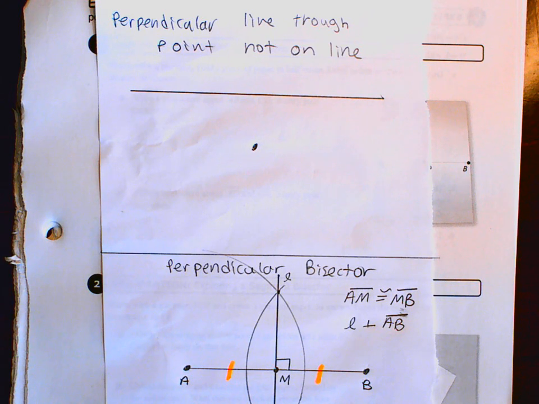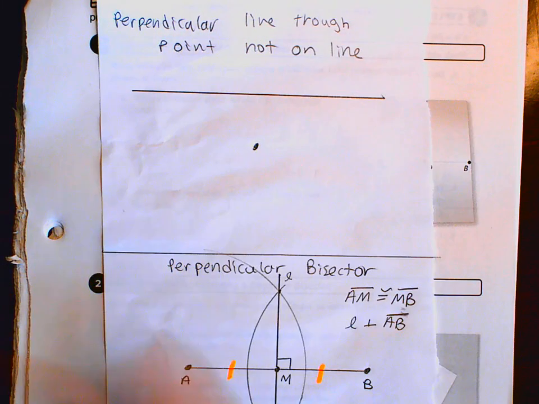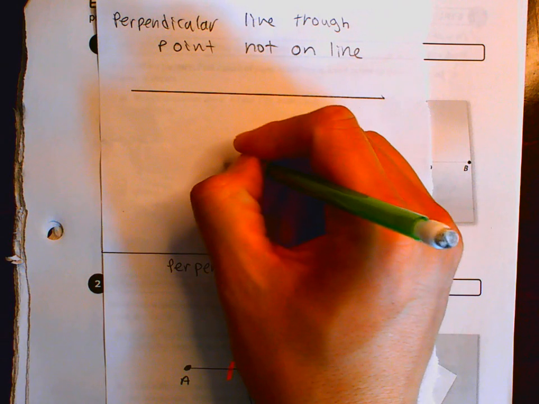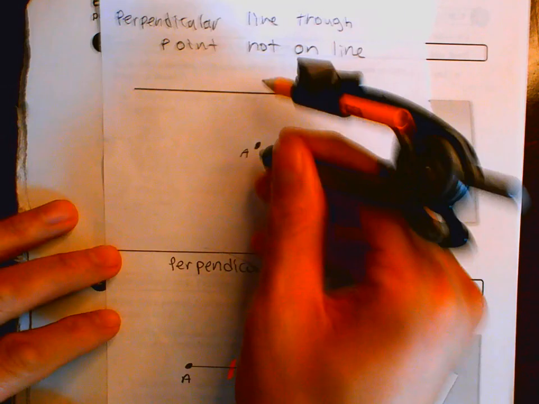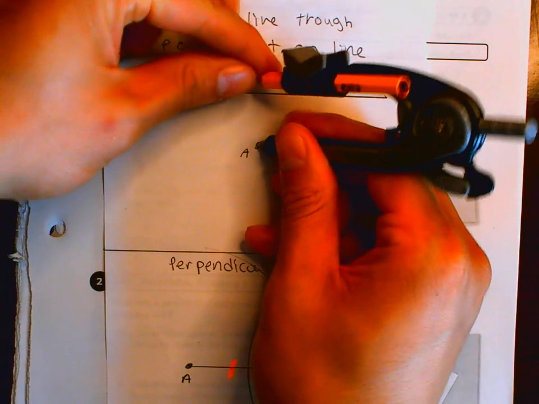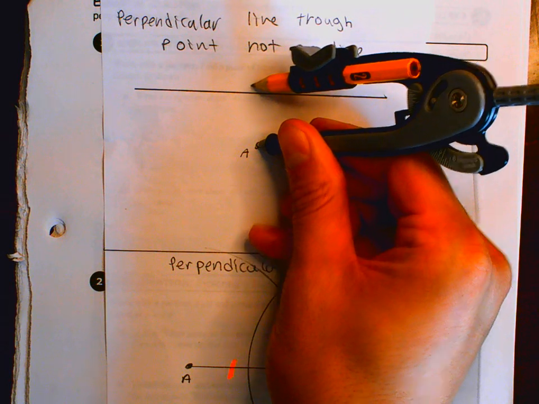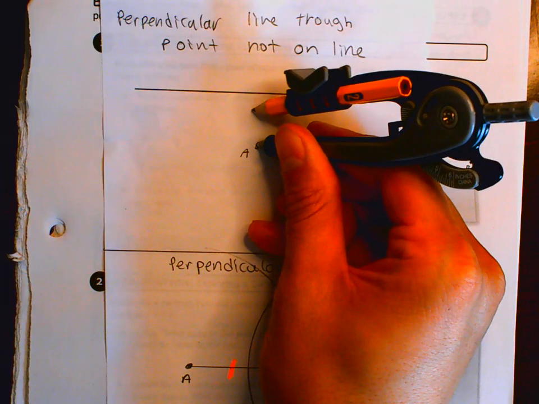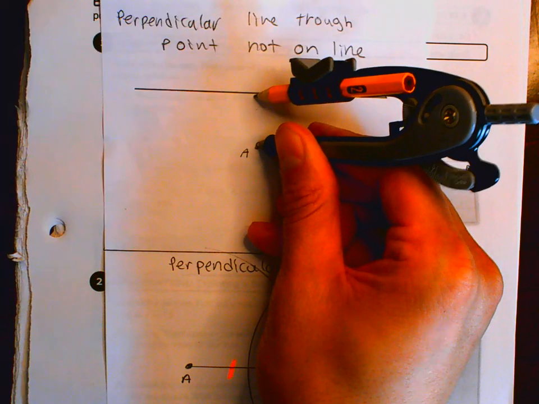So here's what you're going to do. You're going to open up your compass and put your metal piece on that point. I'm going to call that point A. You're going to open it up just enough to go past the line, because this right here, where it's at the line, is too short.